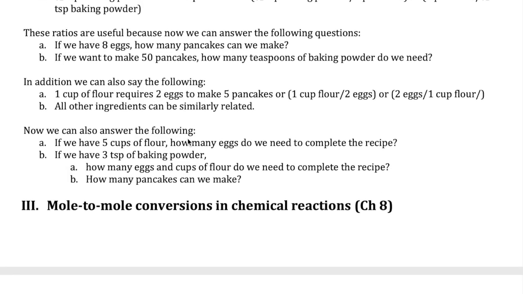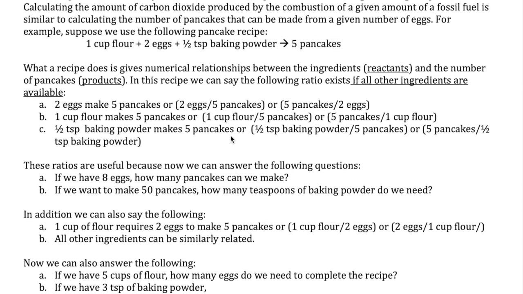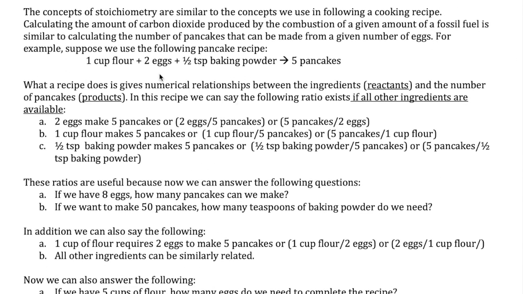Okay, so how would this work in an actual chemical equation? Well, as I said earlier, the equation is your recipe. The only difference is that in a chemical equation, the relationship between one species and another is in units of moles. This is different compared to the cooking recipe that we just looked at, where the relationship is expressed in various units: cups versus teaspoons versus number of eggs and so on.